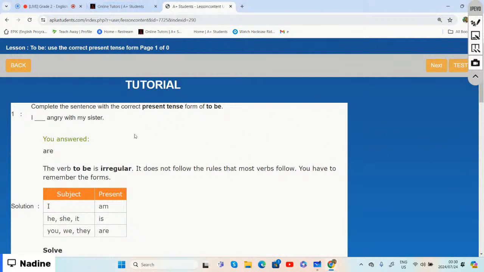All right. So we said, I am angry at my sister, because we use the correct tense to use with, for example, our subject, which is I.